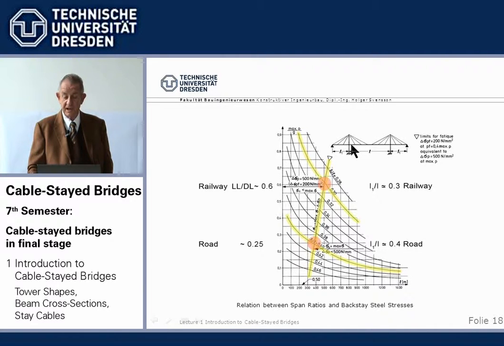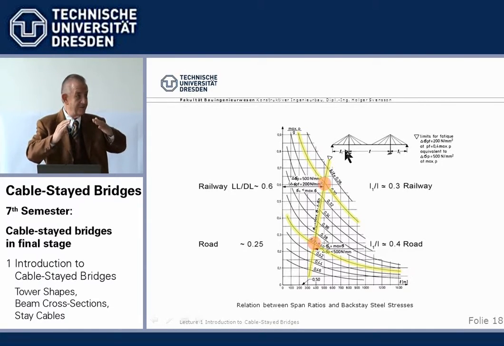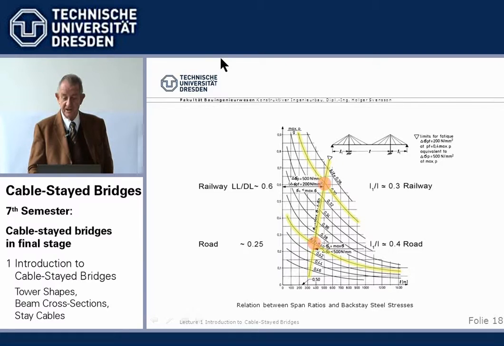If you look at cable-stayed bridges, most of them have a ratio of 40% side span to main span. If it would be 50, then it would of course be balanced, but we need a little bit shorter here. If we have railway bridges with higher loads, then this becomes shorter. So that diagram gives us a rational way to determine the span length.